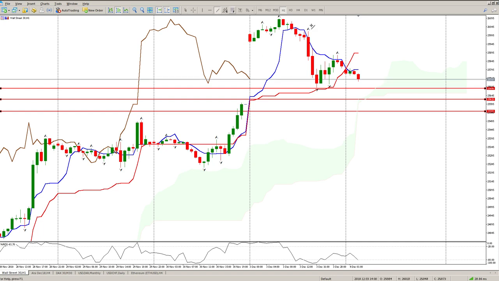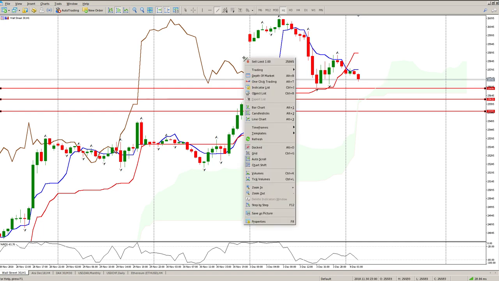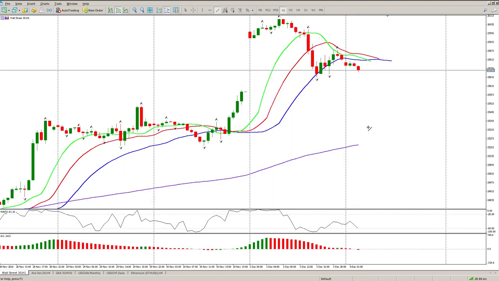Okay, last thing, I think let's just do this on our proper Bill Williams. So last thing to pay attention to is obviously that trend line. See how it lines up with the alligator as well.